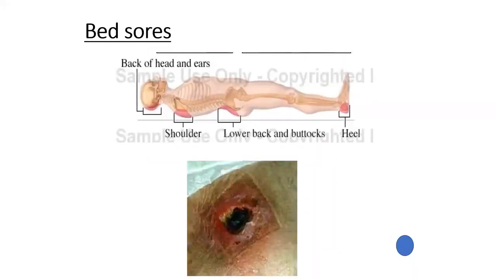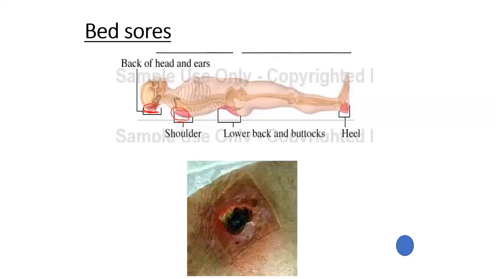This occurs at pressure sites in bedridden patients. If patients don't move, there is always pressure exerted by the bone and the bed, and in between I have this soft tissue and skin that is present between the bone and the bed.